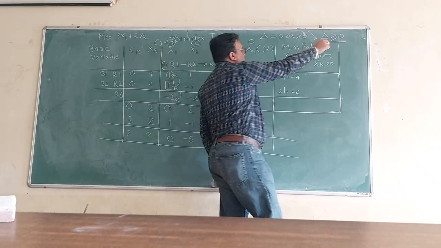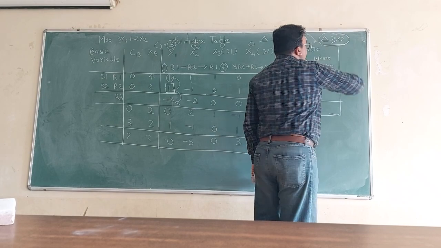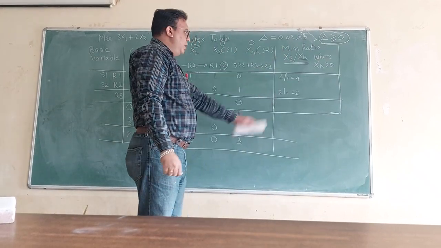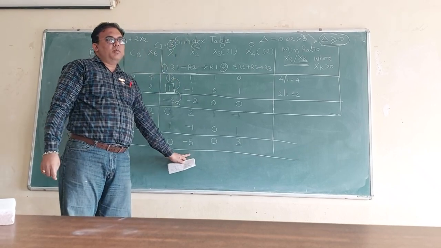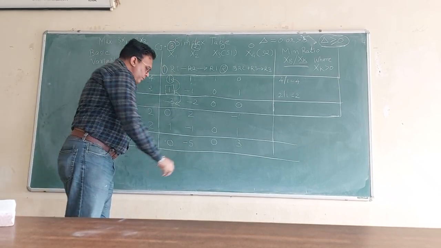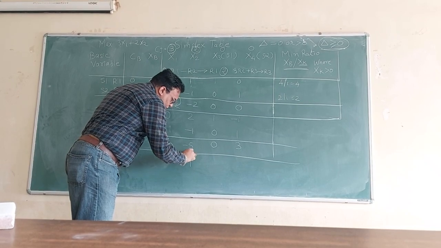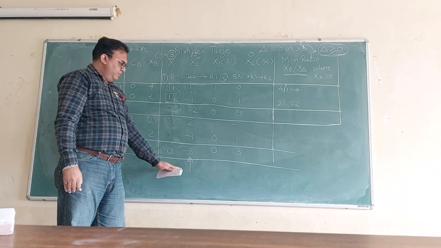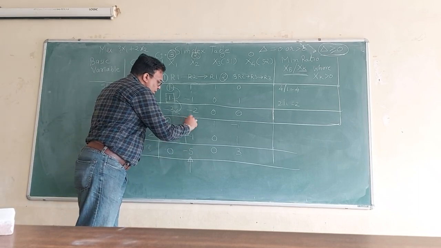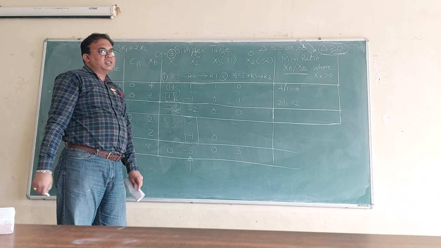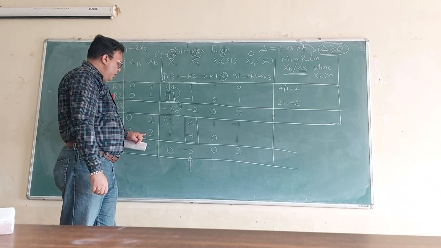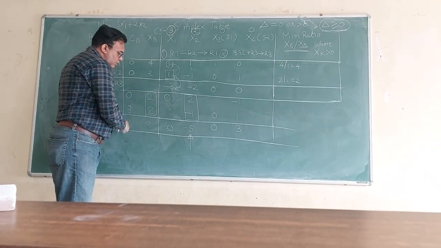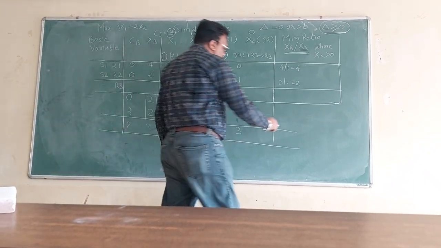As per the rules, we stop the calculation when we find delta equal to 0 or greater than 0. One more minus sign is there. As we did the same process in the previous table, this is the minus delta, right? So now we have to consider this column as xk and this value as xb. Which xb? This one. So we have to find the minimum ratio over here.